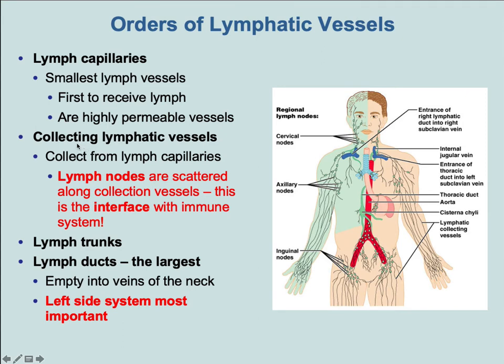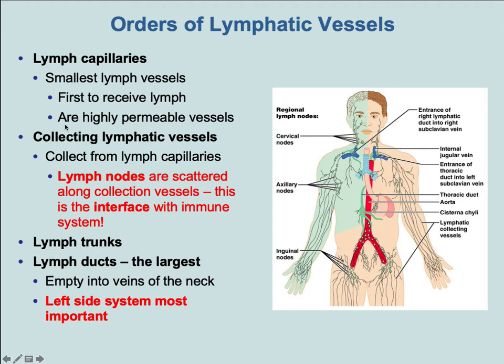Along the collecting lymphatic vessels, there are scattered lymph nodes. This is where those immune cells, the lymphocytes, are situated, and they come into confrontation with invading pathogens and then kill those pathogens.